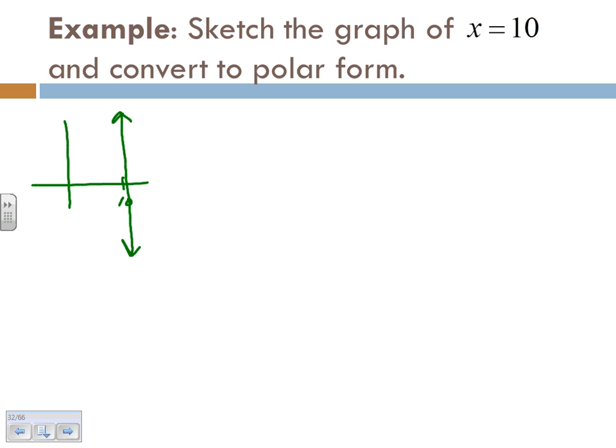Make sure it's R equals in terms of theta, which is the same as what? 10 secant. Okay? Either way, I'm fine. Alright, so that is what I would have hoped you would have already had coming into this class. That's your intro to polar.